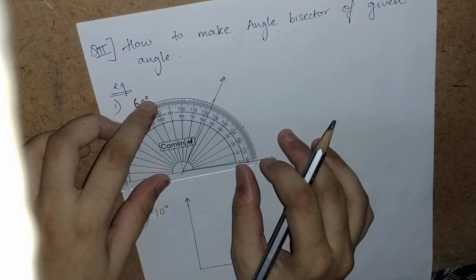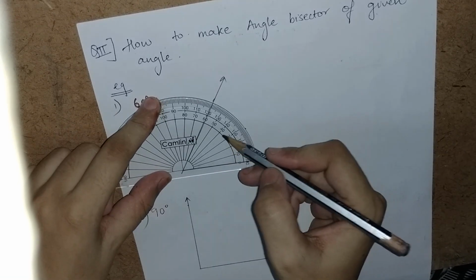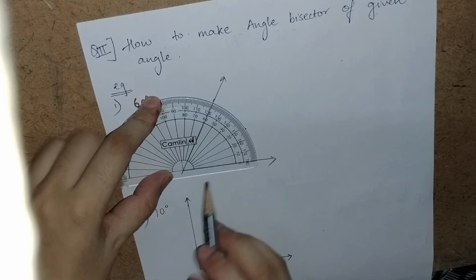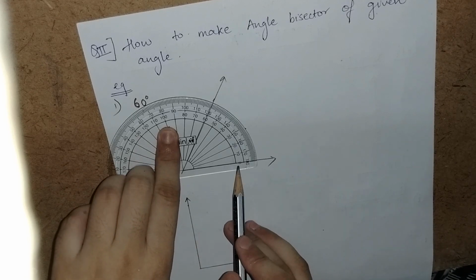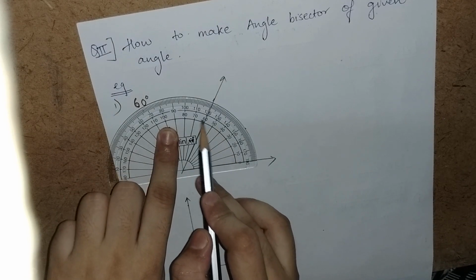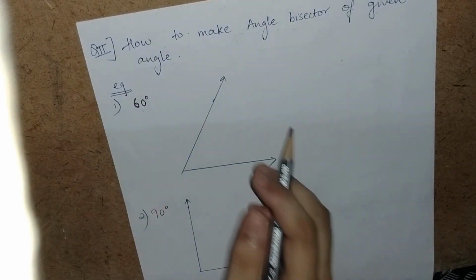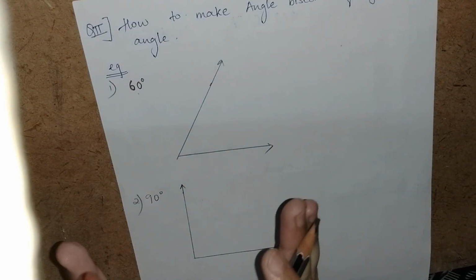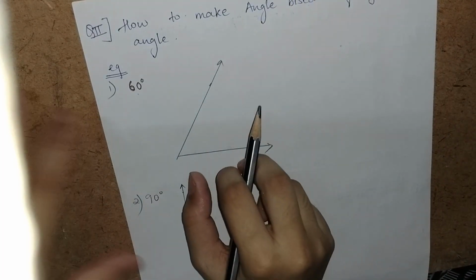Let us measure. This is 60 degrees. How will we see it? If you are seeing from the right side, then you have to read the lower measurements. Okay. So how to make the bisector? Bisector means, as I have told you, cutting it into two equal parts.